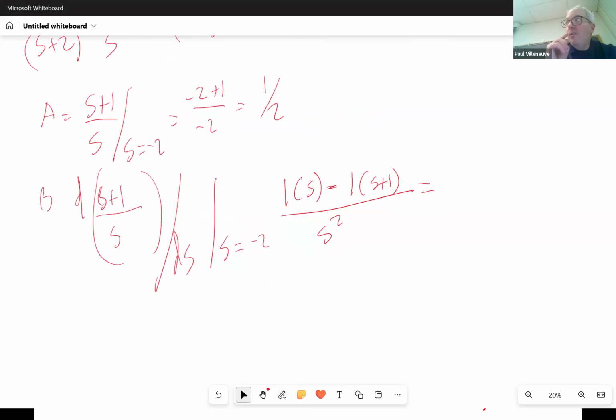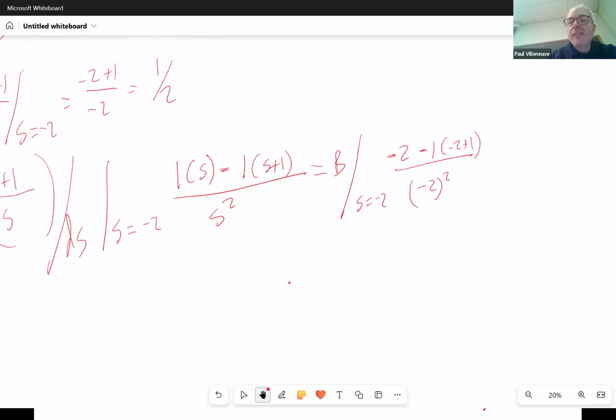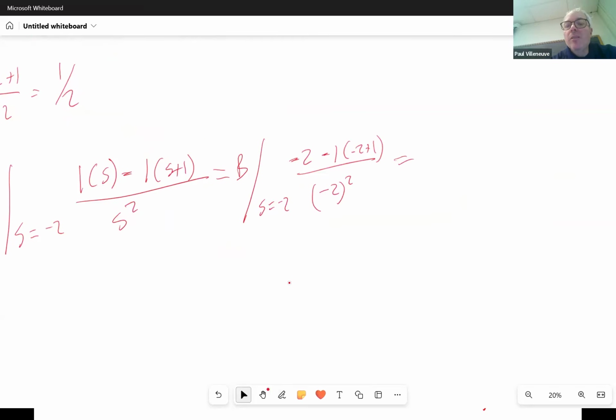That's going to be equal to my B term when I evaluate that at s equals -2. So I have -2 minus 1 times -2 plus 1, all over -2 quantity squared. So that's -2 minus 1 times -1 is +1. So that's -1 over 2 squared, 4. So -1/4.